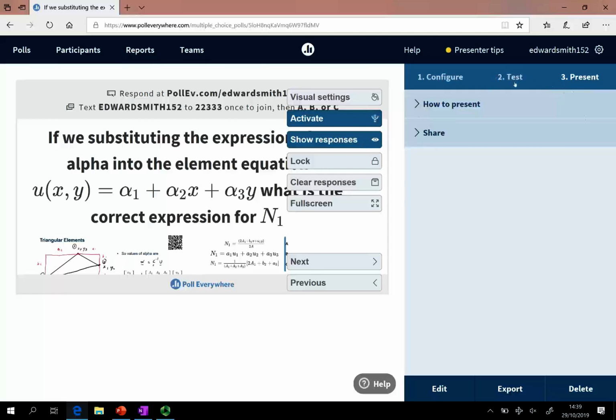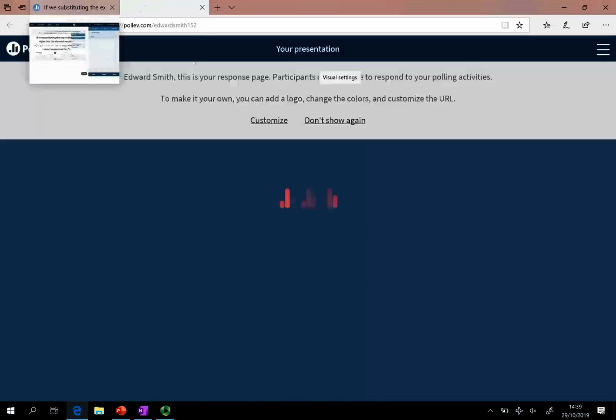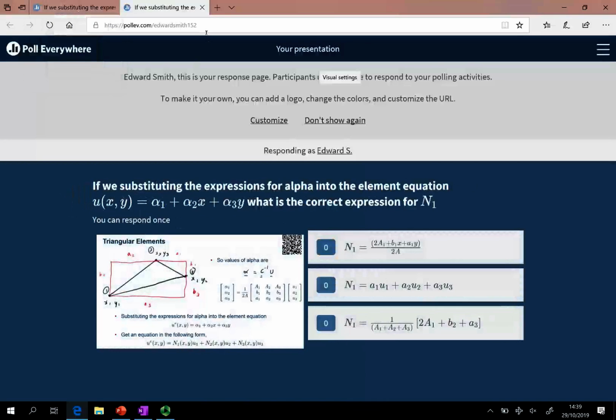And it's the same link, I think it stays the same link between the one you had before, so it's Edward Smith 152, for those of you who did it before. So I've copied the slide here, so hopefully you can see that, and then the expression for that. And for those of you who are wondering where the slides are, the reason I haven't put them on there is so that you can't cheat and look at the next slide. I will upload them after the lecture. Does that make sense? Anyone unclear?